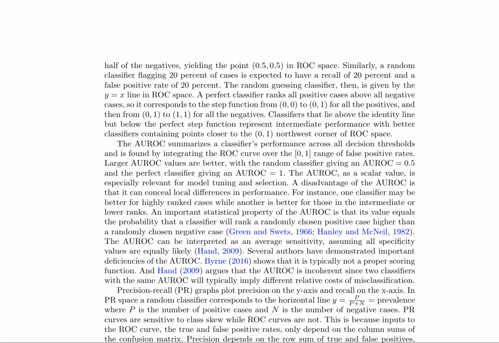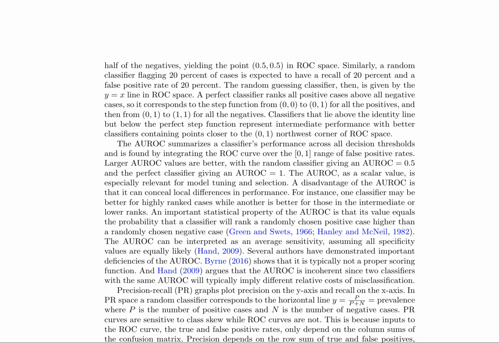Classifiers with intermediate performance lie above the identity line but below the perfect step function, with better classifiers closer to the 0,1 northwest corner. The area under the ROC curve, AUROC, provides a summary of a classifier's performance across all decision thresholds, with larger values indicating better performance.